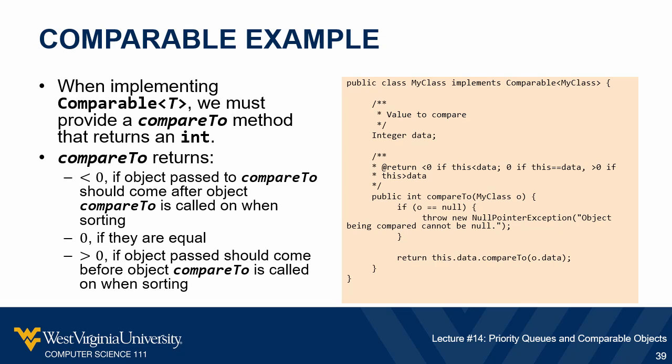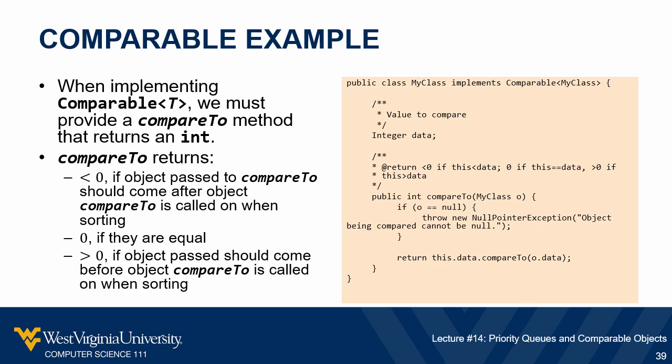If compare to returns a negative number, that means that the item that we're passing as an argument should come after the object that we're calling compare to on when we sort things.